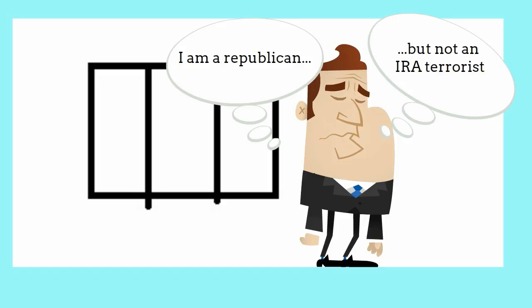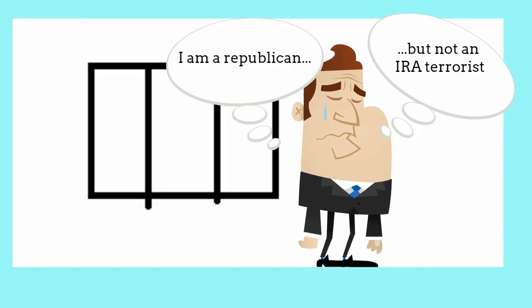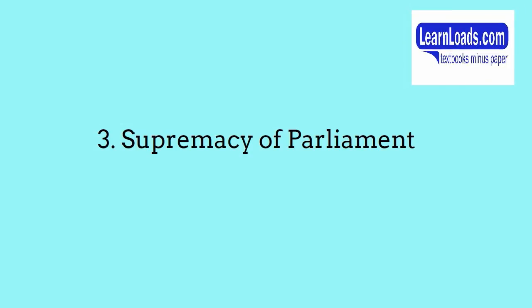This was seen as a breach of the rule of law by some critics. So people were being punished by the state without it being proven in the courts that they had acted illegally, that they had in some way broken the law.